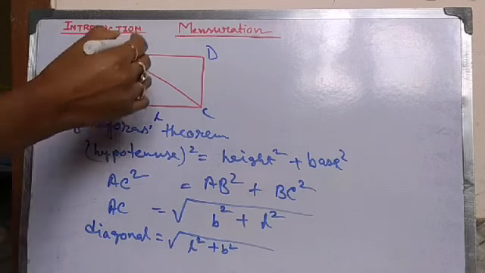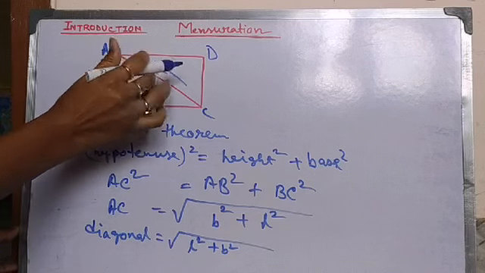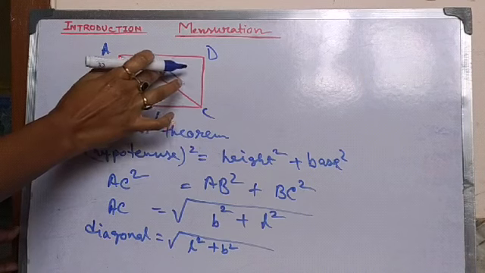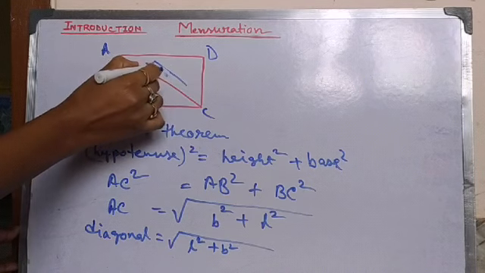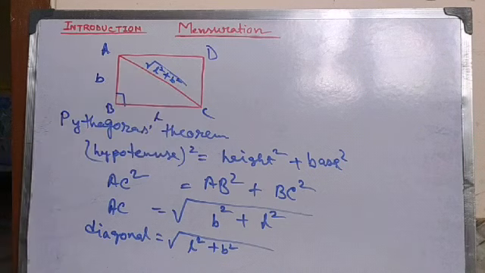That is the diagonal of the rectangle. The unit, meter or centimeter, will be the unit of the diagonal.